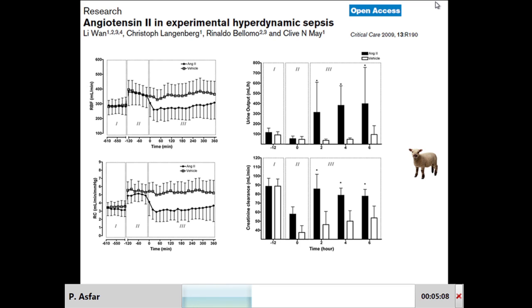The renal conductance is also decreased with angiotensin, but fortunately, there is no bad effect on kidney function. As you can see, the urine output was better with angiotensin, and the creatinine clearance also was improved with infusion of angiotensin II. It is a very short animal model, and caution is mandatory.